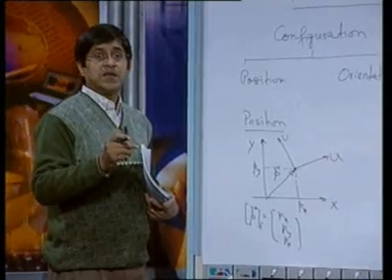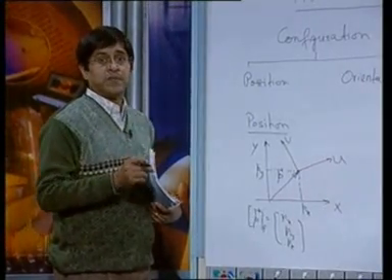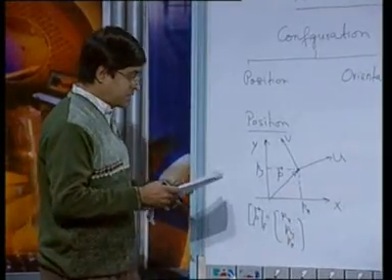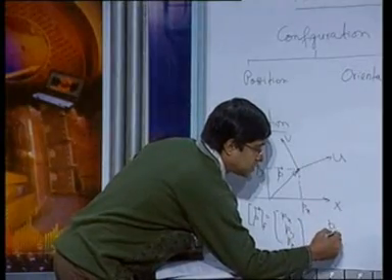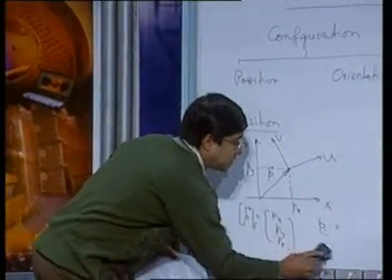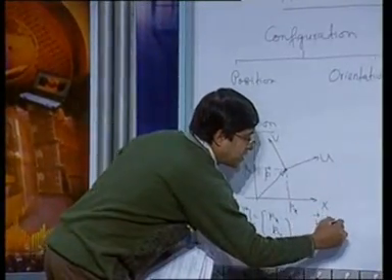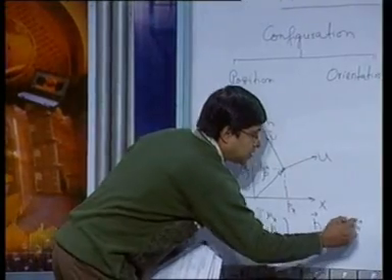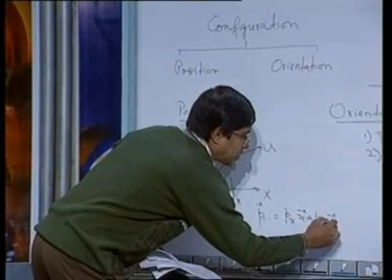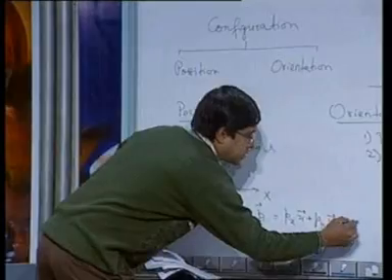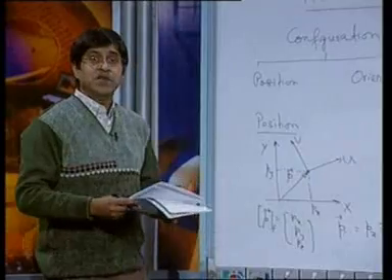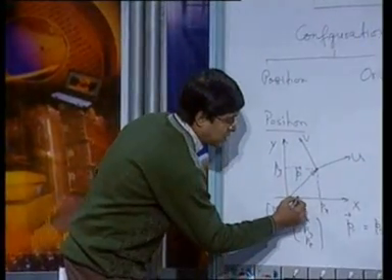However, any vector should not depend on any coordinate frame, because a vector is a quantity which has a magnitude and a direction. For example, the same vector P, I should be writing as P x times x, plus P y times y, plus P z times z. What does it mean? I have written this vector P in terms of the unit vectors along the axes of the fixed frame.